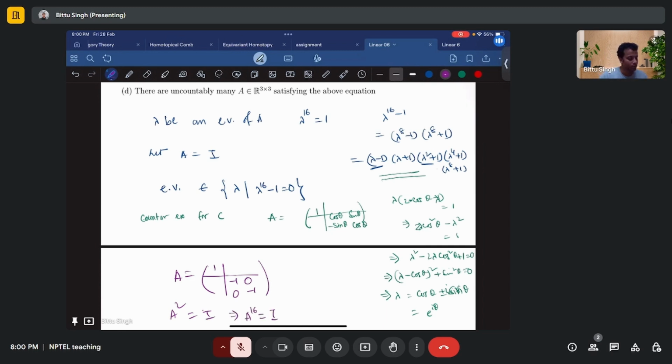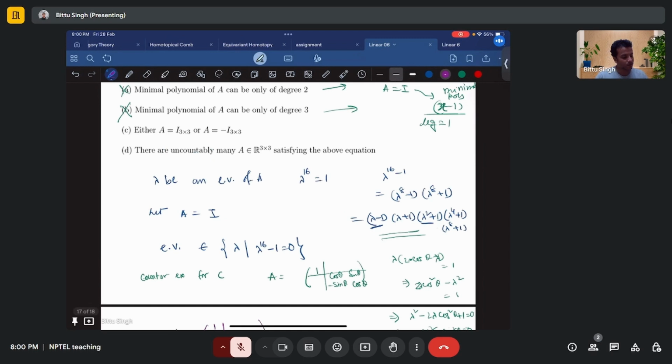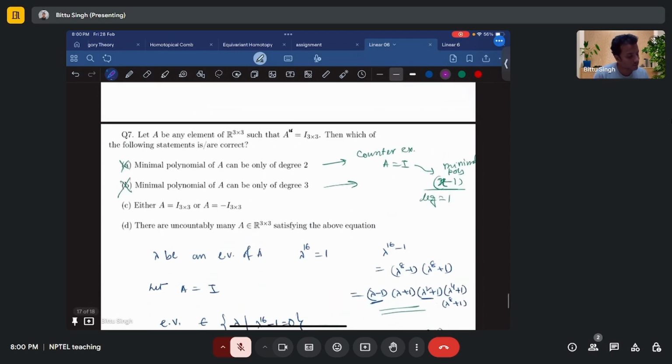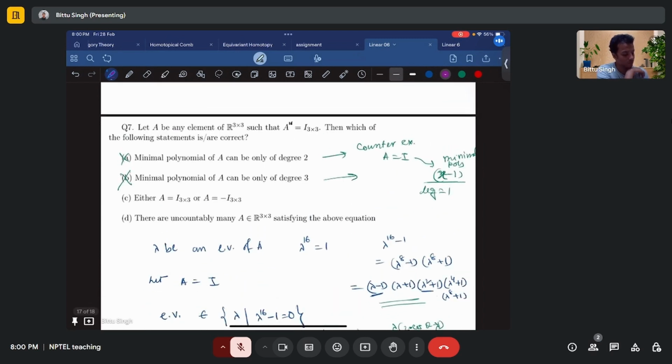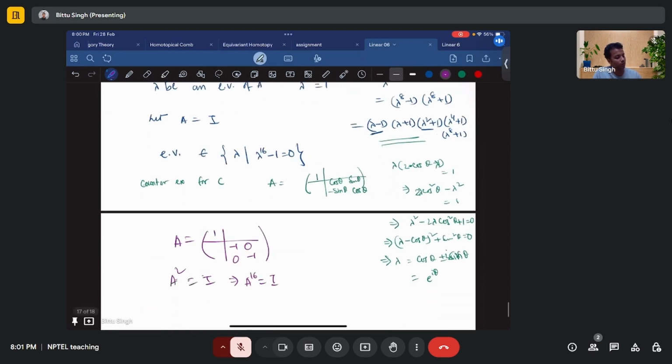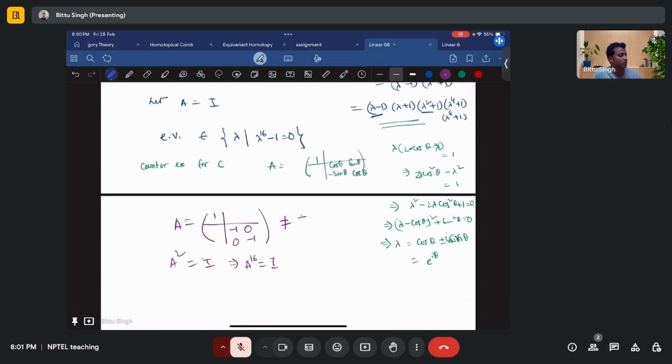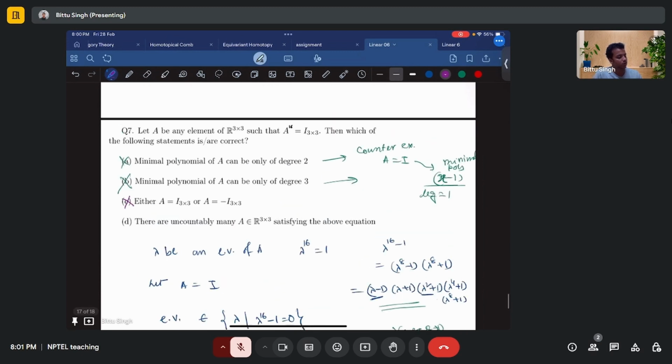So that is the problem. We need to practice, otherwise we may get trouble with easy examples. So sorry, C is false because A is not equal to plus minus I, though it satisfies the equation.